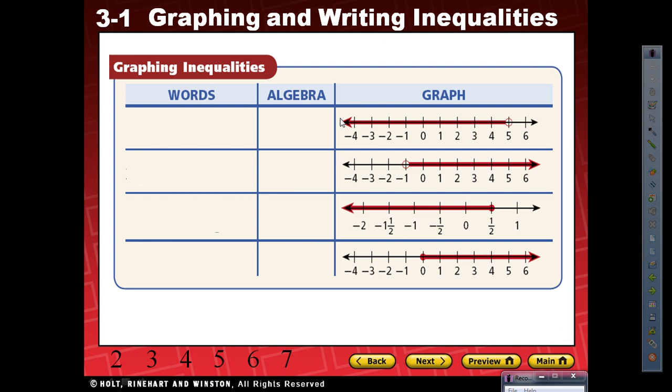So now, the arrow indicates that all those continue that way. So I start here, and I continue going to the negatives, -5, -6, all the way to negative infinity.